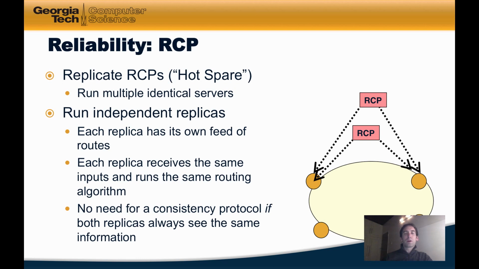Now, if each replica receives the exact same inputs and runs the exact same routing algorithm, then the output or resulting state that each of these RCPs would push back into the routers should be exactly the same. So in the case of the hot spare approach, there's no need for a consistency protocol if both replicas always see the same information.